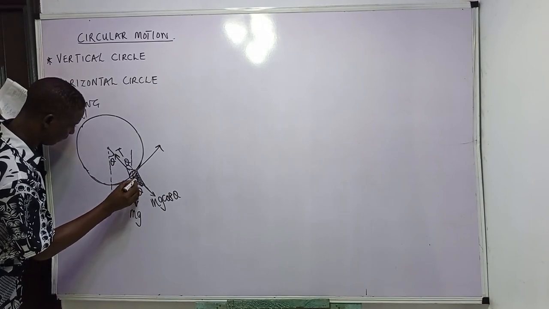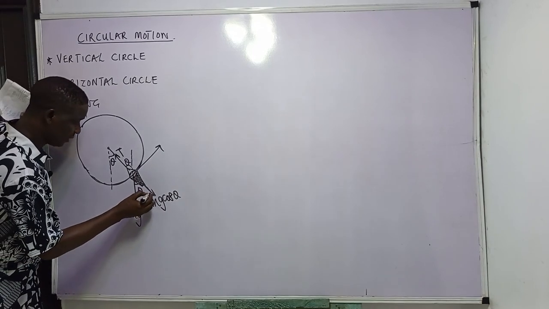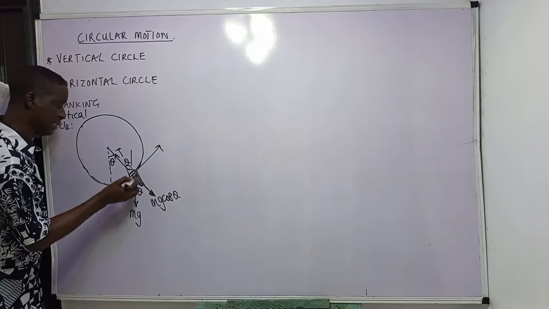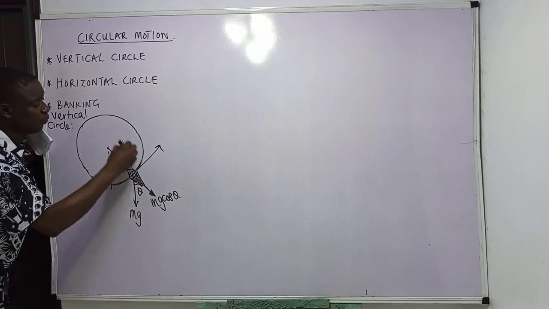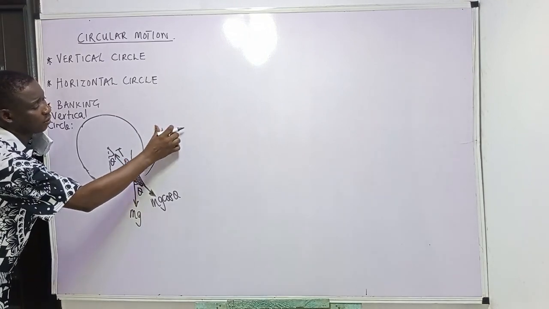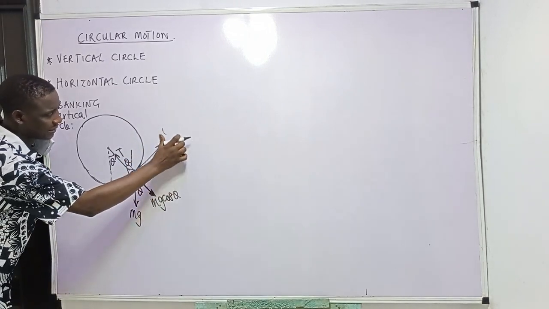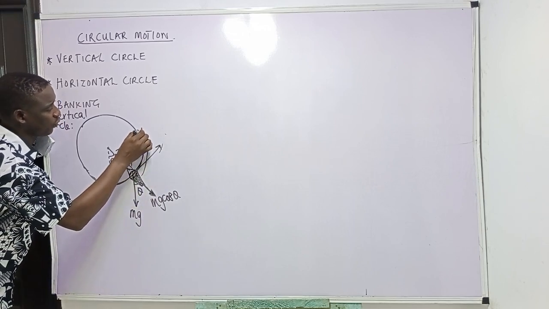This is a bucket. Now, in this case, the weight component is acting downward against the tension upward. For this body to move around the circle, there must be the help of centripetal acceleration, or what we call centripetal force.